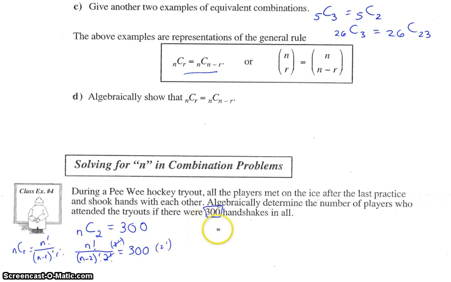So we would now have 600 on the right-hand side, 300 times 2. If you recall about expanding the factorials, n factorial is bigger than (n minus 2) factorial. So we would start by expanding n, (n minus 1), (n minus 2) factorial, and then still have (n minus 2) factorial on the bottom. And guess what? Those can go. (n minus 2) factorial is gone. Expand the left-hand side. We have a quadratic.